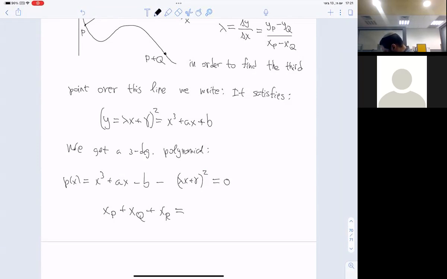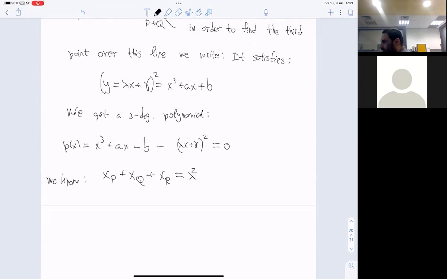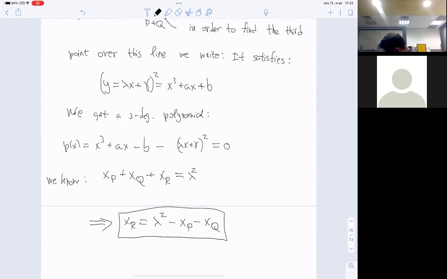Okay, so we have now x of R. So this gives us the x.